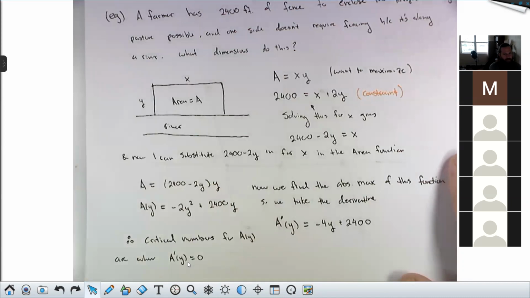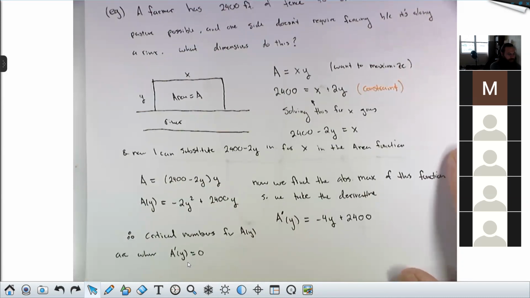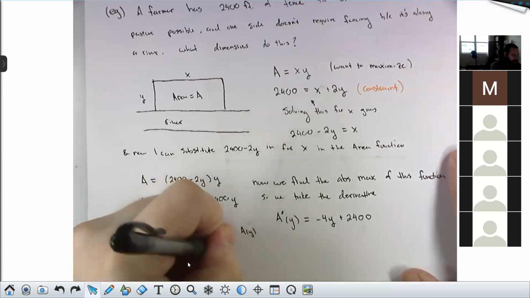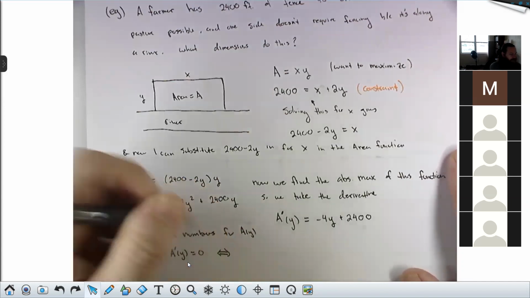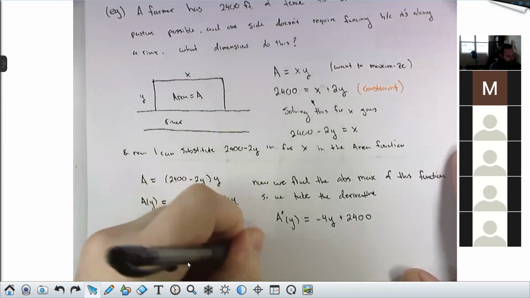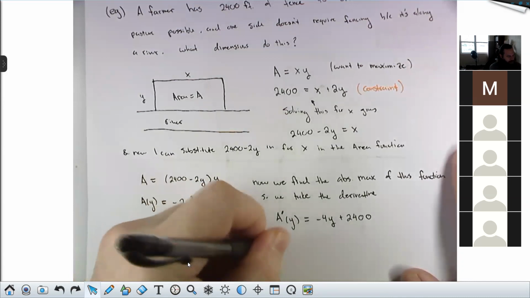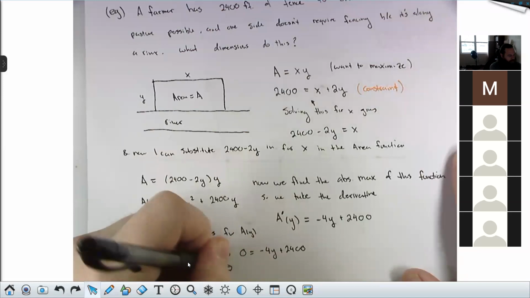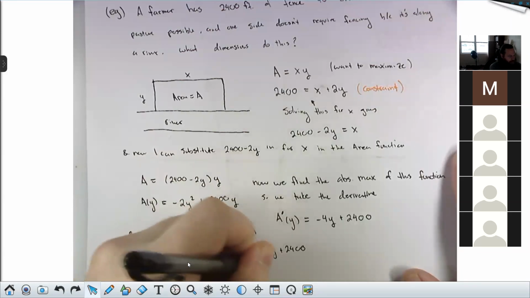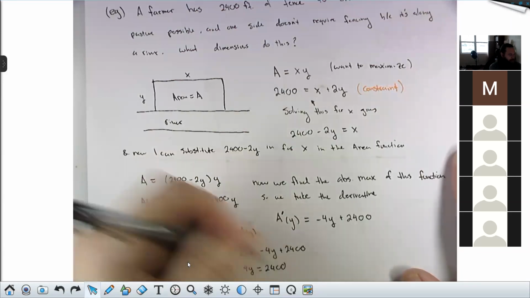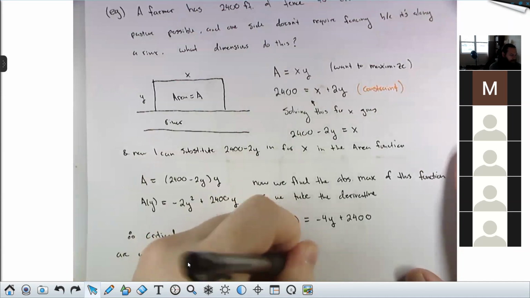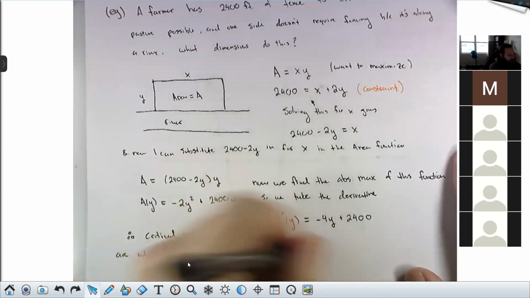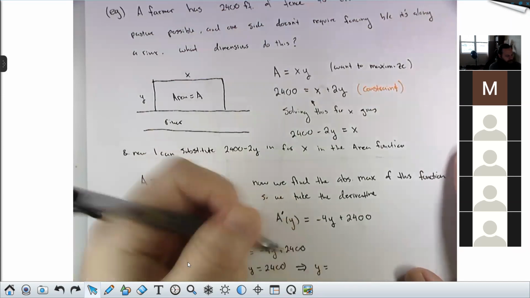A prime is never undefined because it's a polynomial. And this thing is equal to 0 if 0 is equal to negative 4y plus 2400, which is equivalent to saying 4y equals 2400, which means y has to be 600, right? Dividing both sides by 4.